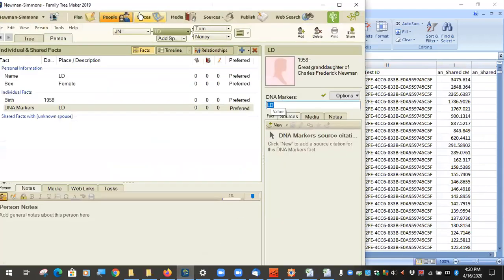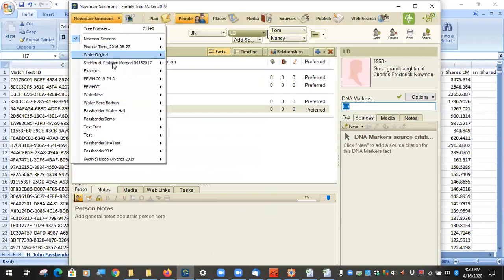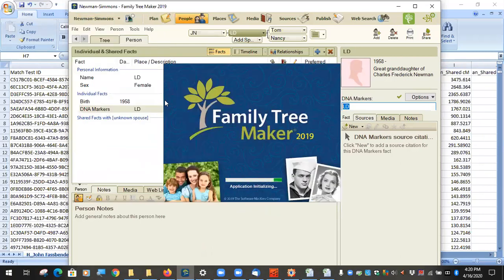Let me just open up my tree here real quick.